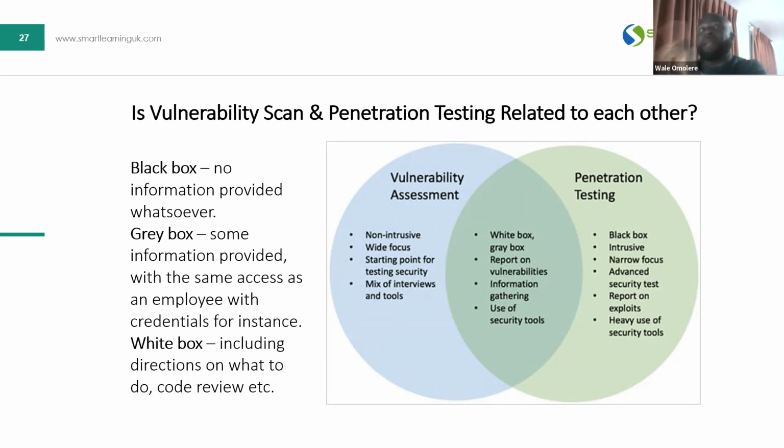Then the third one is white box, which includes direction. So white box is a combination of gray box, the information that you are provided, including direction on what to do, code review, etc. The gray box I've already explained, but the white box is further information.